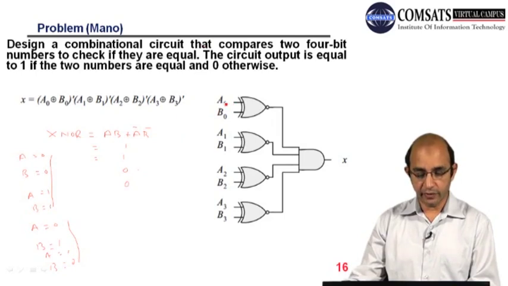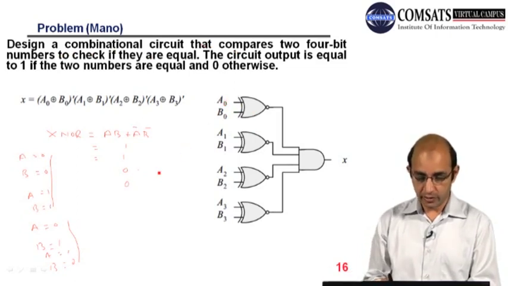So you can see we have the comparator for individual bits. We have to compare 4-bit numbers, so we have to compare A0, B0, the corresponding bits. So if I write in this way, A0, A1, A2, A3, and B0, B1, B2 and B3.